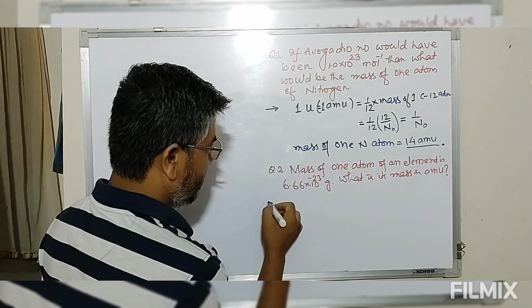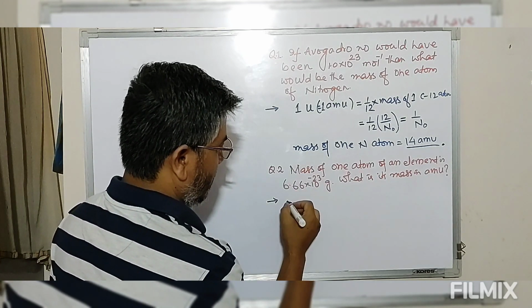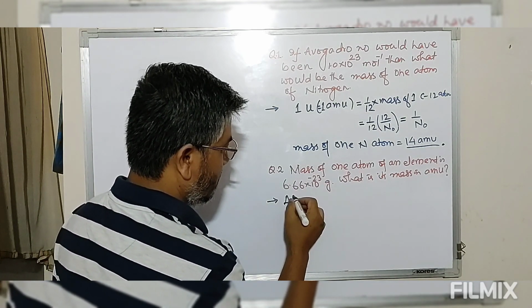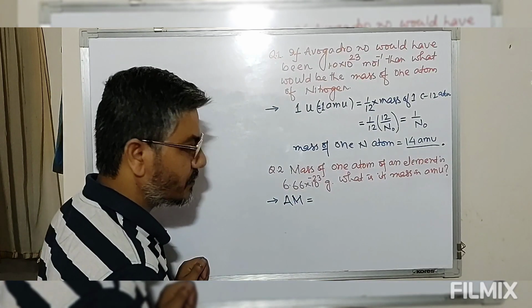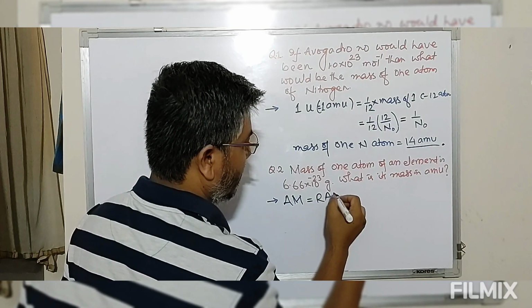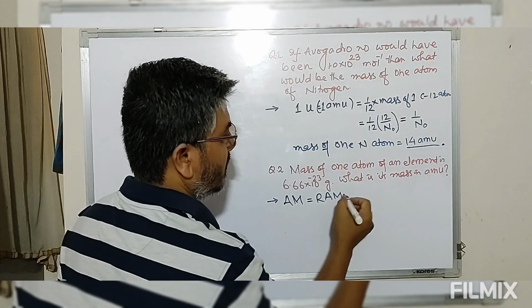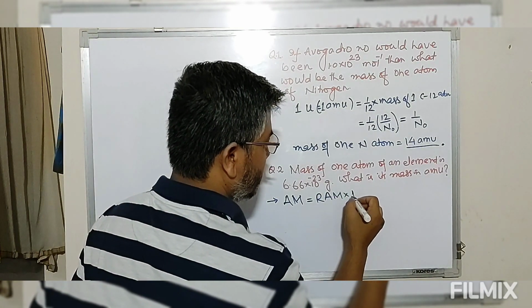So we have this relationship: absolute mass is equal to relative atomic mass into gram equivalent of unified mass.